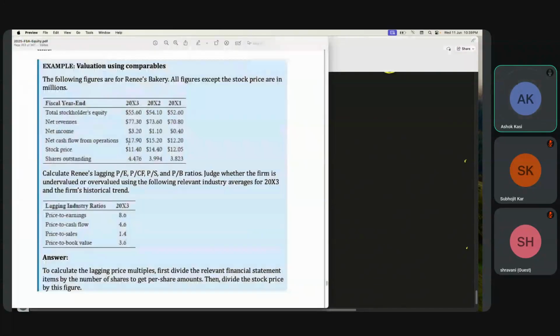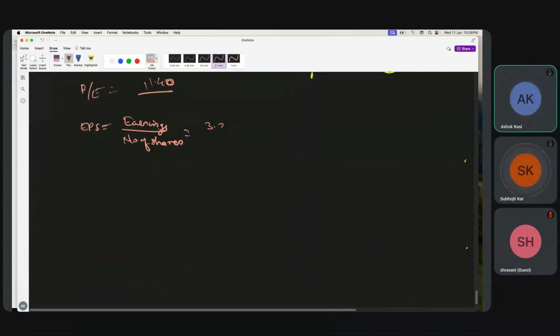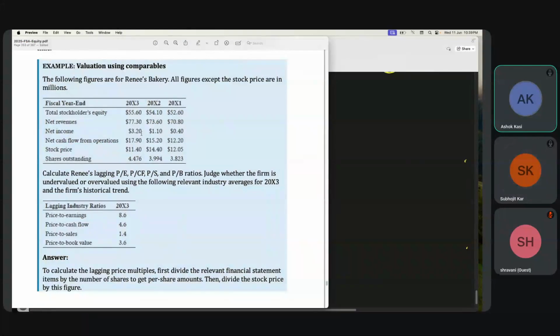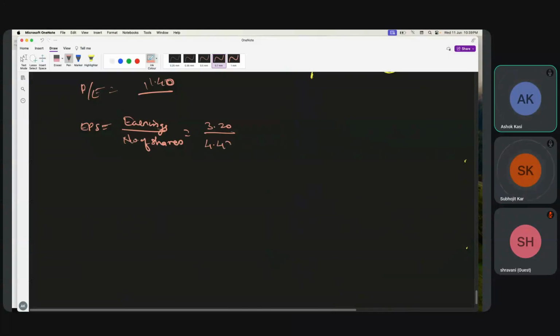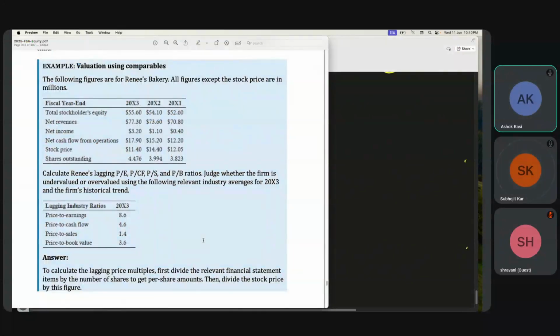The number of shares is 4.476 million. Just calculate this: 0.7149. So this is earnings per share, 0.7149. Now 11.40 divided by this gives 15.95.